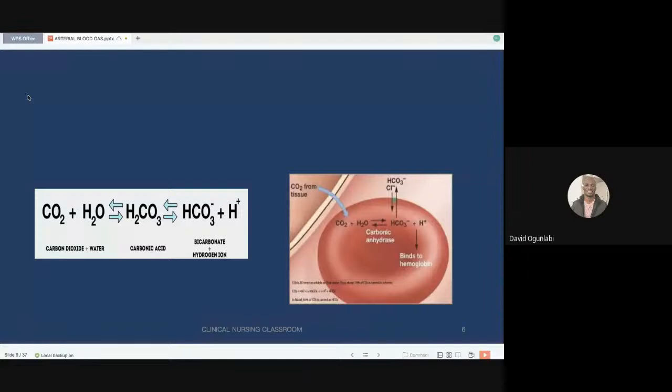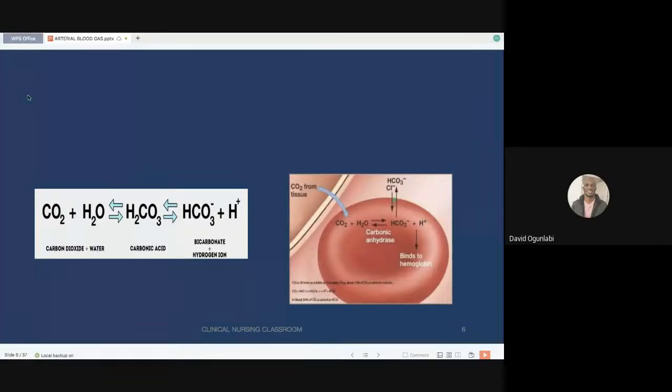But you can measure the amount of CO2 by taking the pressure. There's something we call the partial pressure of carbon dioxide. So you can know the pressure of carbon dioxide in the blood, in this case, arterial blood. We are talking about arterial blood gases.